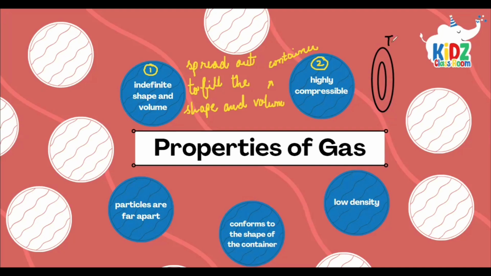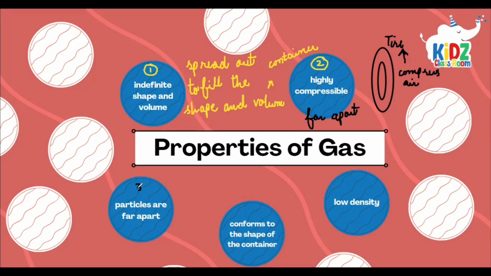Because gases can be squished into smaller spaces, this is why you can compress air into a tire. So what is meant by highly compressible? This means that gases can be easily squished into smaller spaces. Why? Because their particles are far apart. They move freely around everywhere.